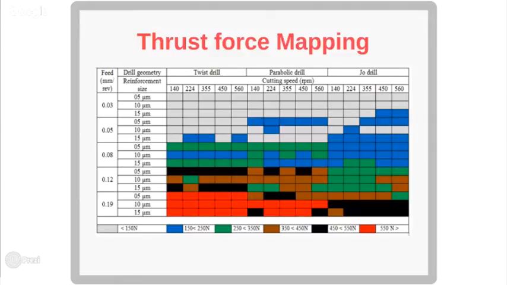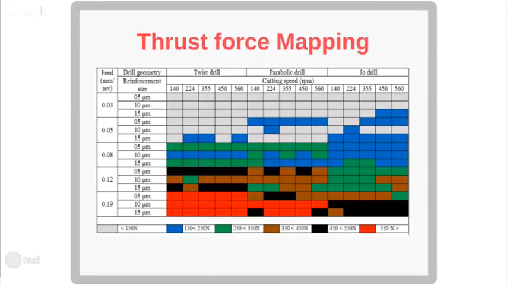One is drill point geometry, second is cutting speed, third one is feed, and fourth one is reinforcement. Feed is at a level of 5, speed is at a level of 5, drill point geometry is at a level of 3, and reinforcement size is at a level of 3. Right now, it gives you a combination of close to more than 100 experiments.